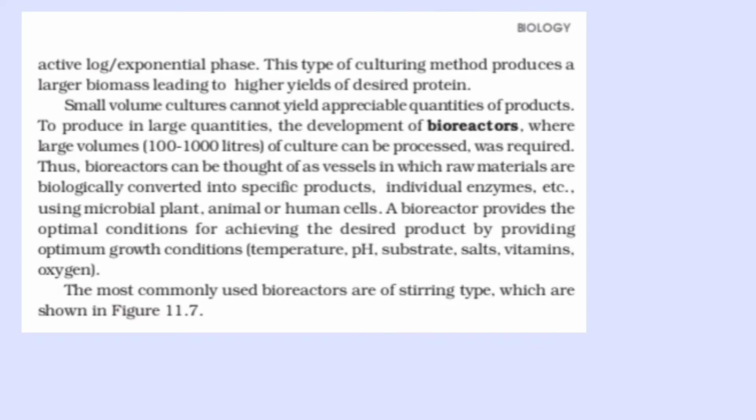To produce in large quantities, the development of bioreactors, where large volumes, 100 to 1000 liters, of culture can be processed, was required. Thus, bioreactors can be thought of as vessels in which raw materials are biologically converted into specific products, individual enzymes, etc., using microbial, plant, animal, or human cells.